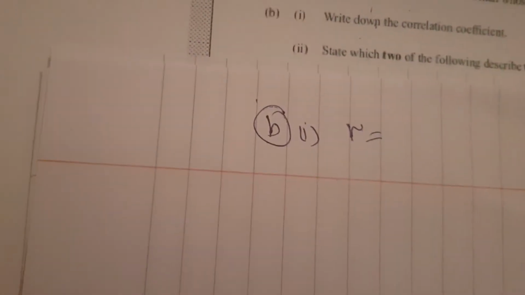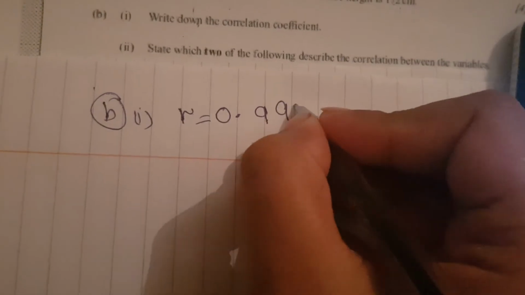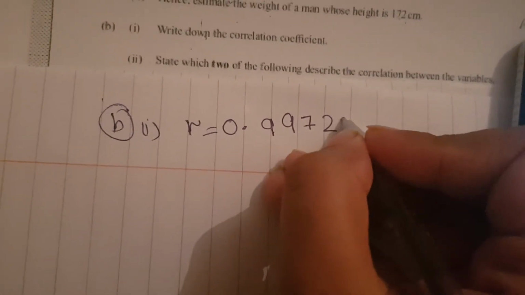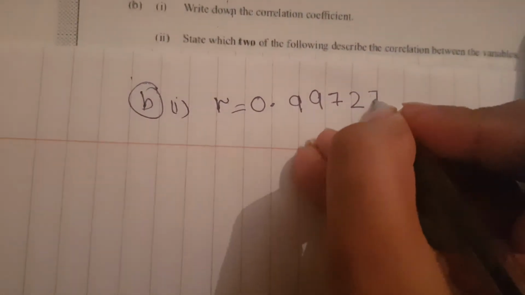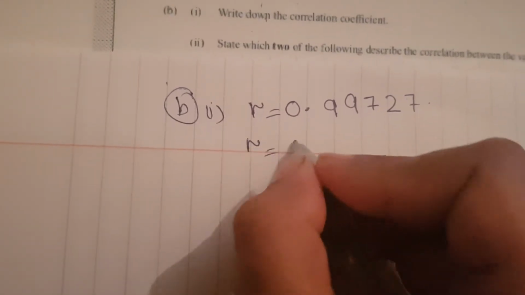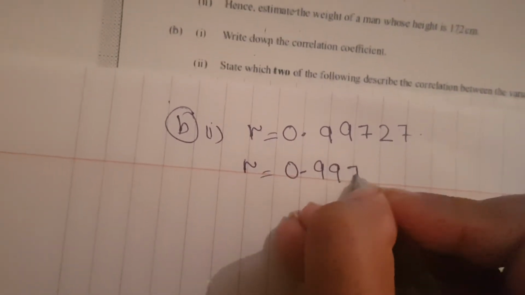So your R is equal to 0.99727, or you can say your R is equal to 0.997. Okay, very high correlation.